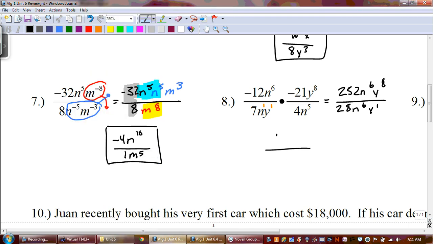Okay, so 9 goes on the top. My 6's, well, the 6's cancel out. And then looking at the y's, the top wins, and the top wins by 7. So there we go. Nothing's on the bottom. Your final answer is 9y to the 7th.